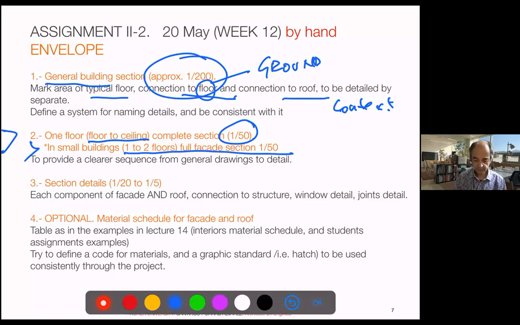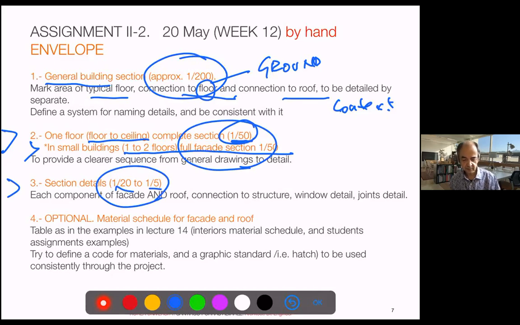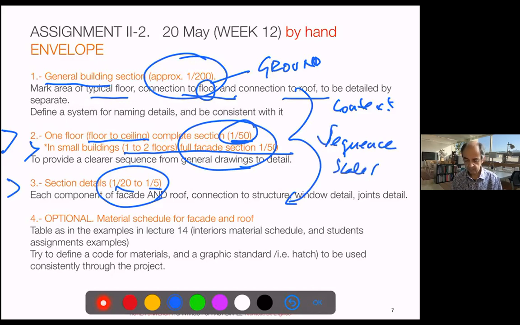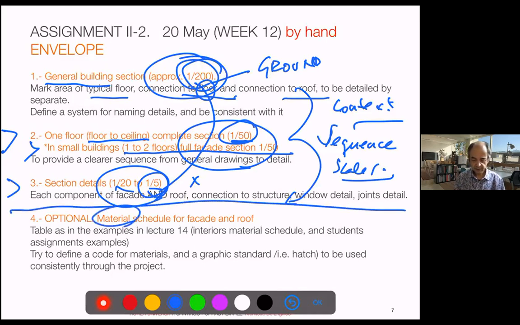And then from that 1 to 50 larger design, you may produce details at 1 to 20 or 1 to 5. So this is the sequence of scales. Coming from 1 to 100 to give details at 1 to 5 or 1 to 20 doesn't make much sense because we don't have context. And there is an optional material schedule for facade and roof, but you have examples.